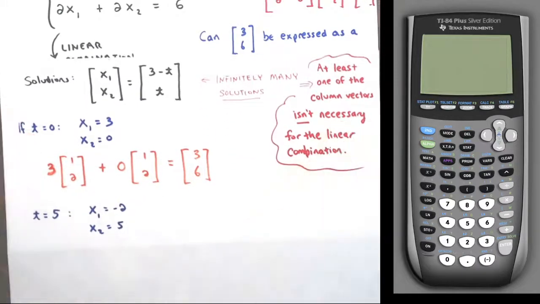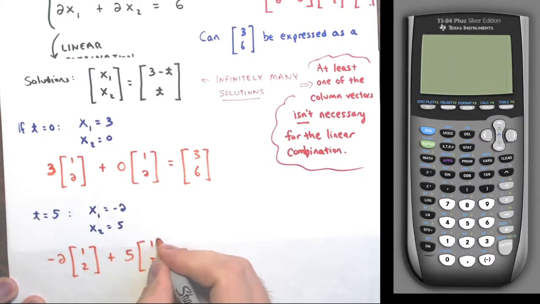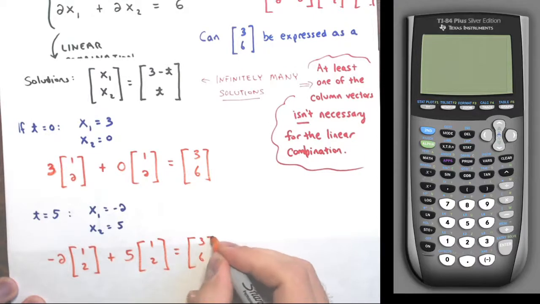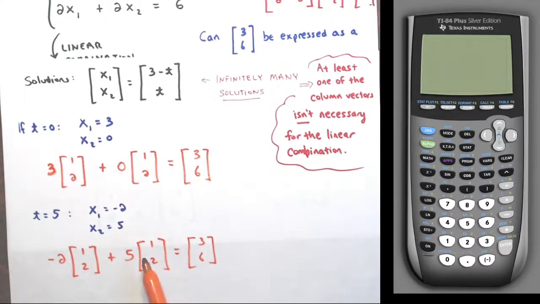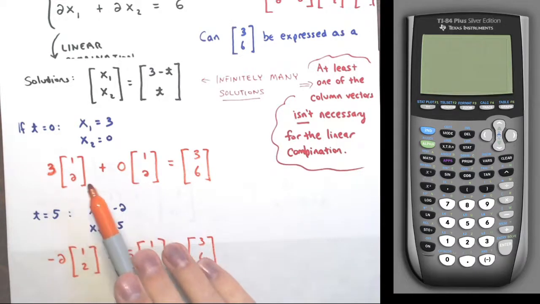And then I get this linear combination: negative 2 times 1, 2 plus 5 times 1, 2 equals 3, 6. And again, double check, negative 2 plus 5 is 3, negative 4 plus 10 is 6, works out. All right, but really what you're going to see is that the second 1, 2 isn't necessary, because you can say these are dependent.